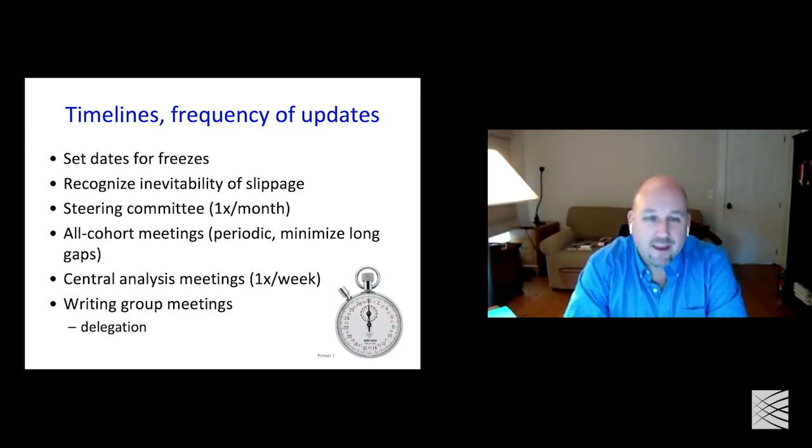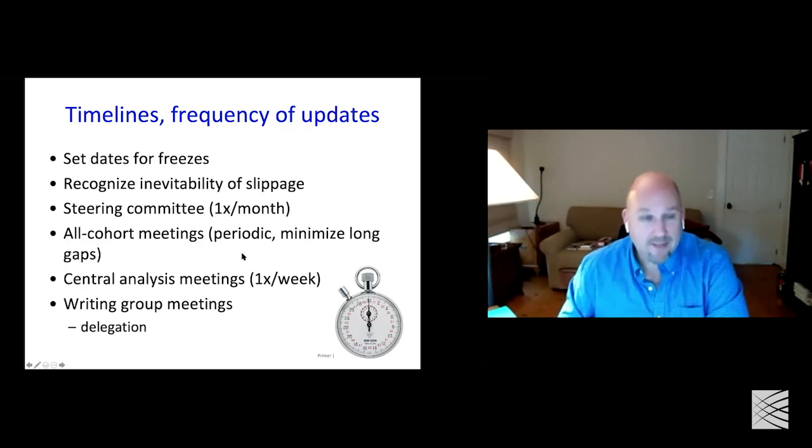And so I think regular steering committee meetings where the working groups report up to the steering committee about status of their individual work efforts, something on the order of once a month, depending on how active a group is. And then there needs to be some form of periodic all cohort meetings.